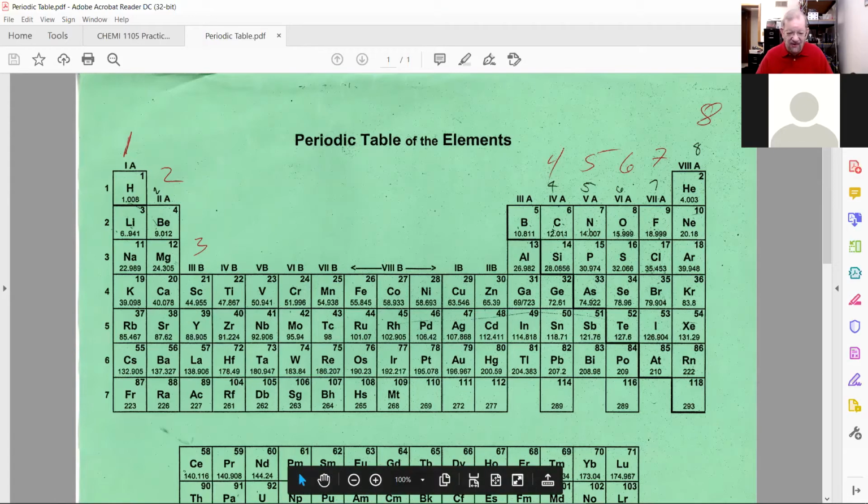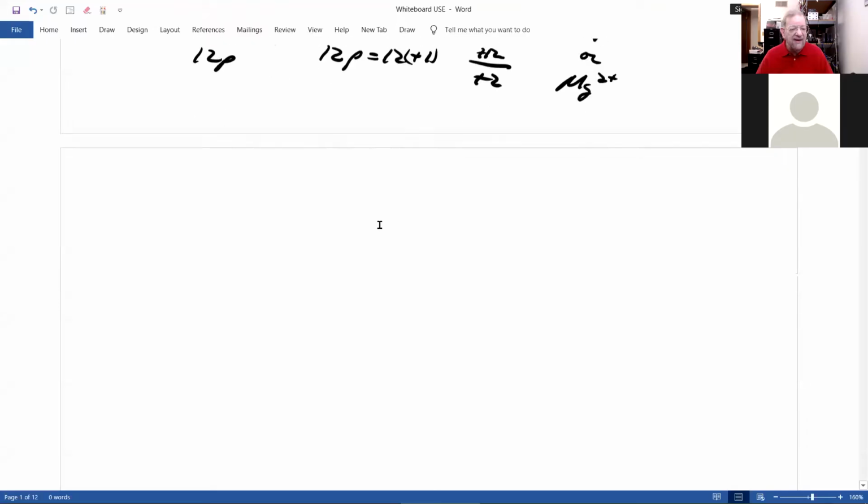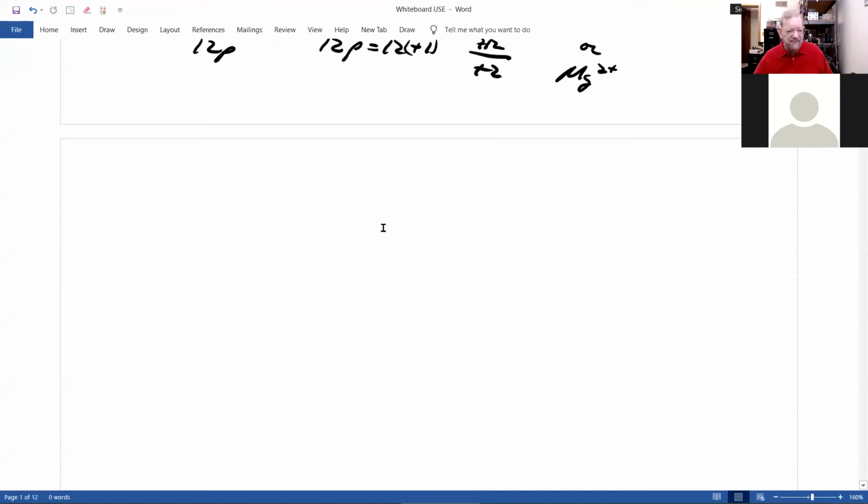So how do you determine what ion oxygen will get? Oxygen has 8 electrons, 8 protons, and it wants to go to the same number of electrons as neon, 10, but it will not lose any protons or gain any.